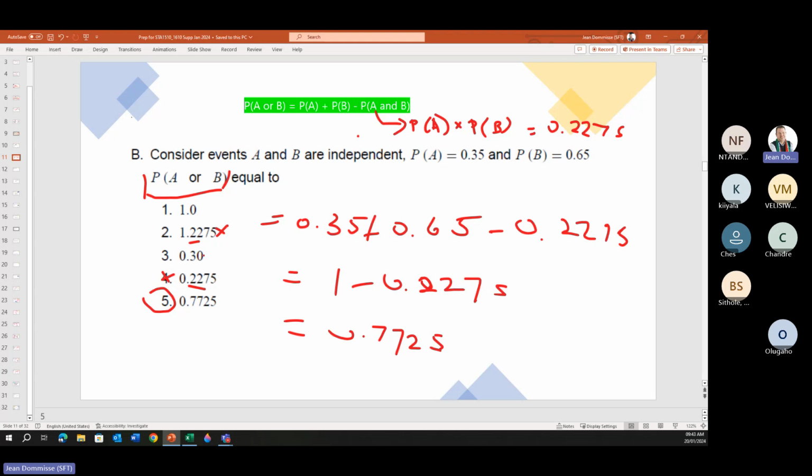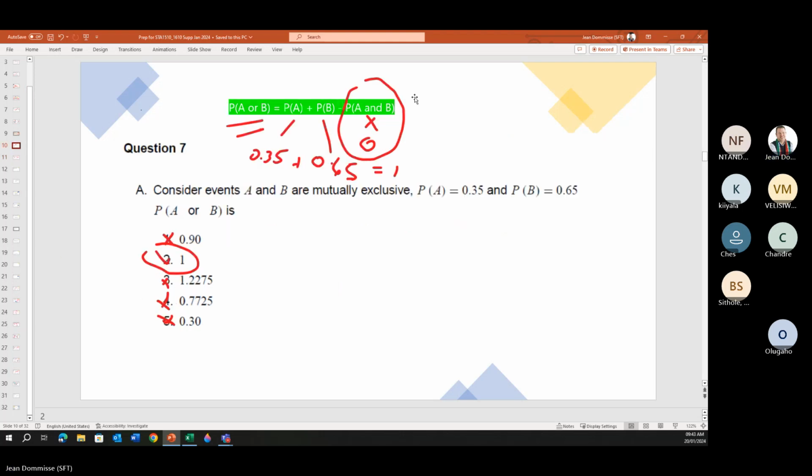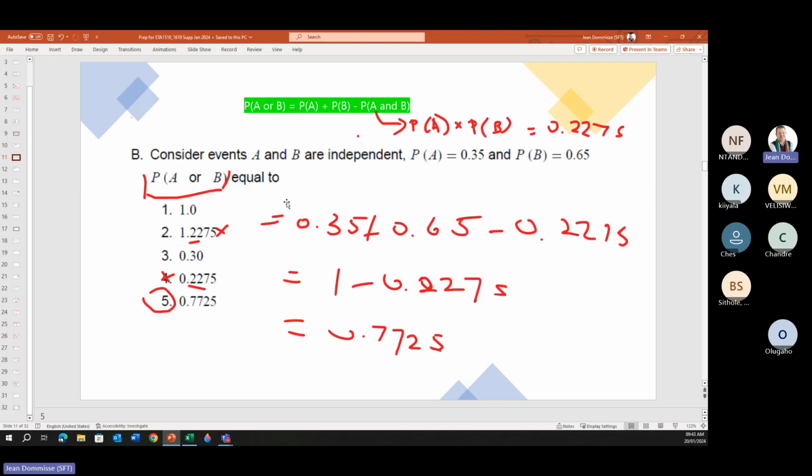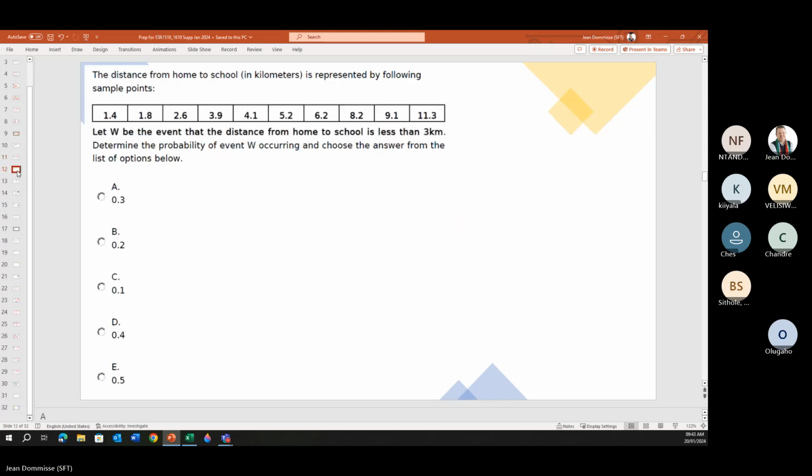Important thing, mutually exclusive. The AND is 0. When it's independent, the AND is basically the 1 times the other one. Okay. Now let's get into this one, which was also probability.